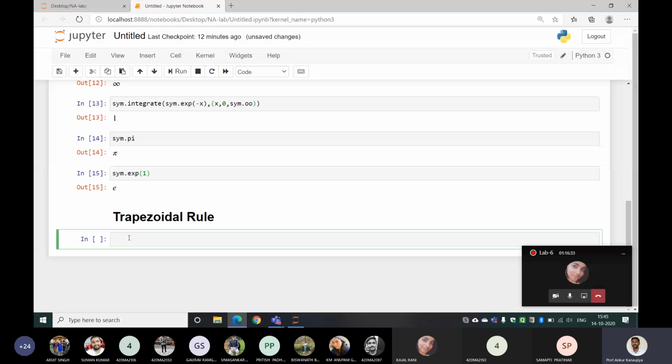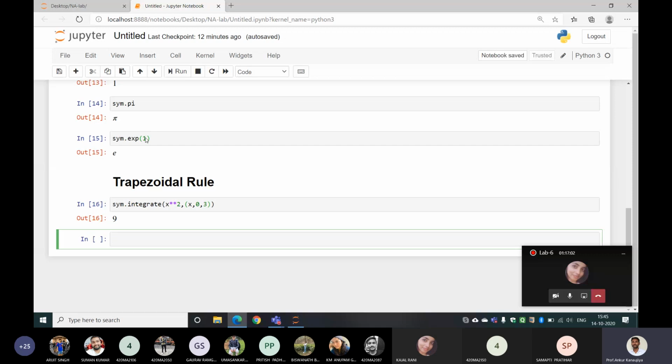So x square, limit from where to where? 0 to 3. Okay, 0 to 3. So first I will do it by Python and then I will do it by trapezoidal rule. So the integration of x square with respect to x, limits 0 to 3. So what will be the answer? The answer will be 9.